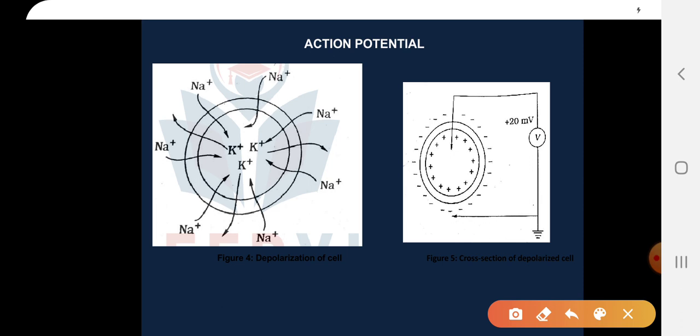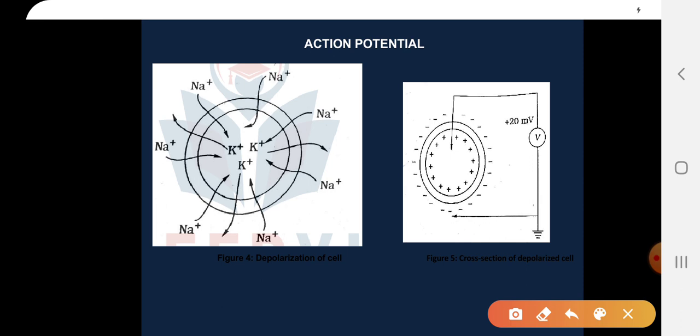Now the passage of sodium ions from outside to inside of the cell is again blocked. So the time taken to develop back the resting potential would be more, but by an active process the sodium ions are quickly transported to the outside of the cell, right? So the cell again becomes polarized and assumes its resting potential.